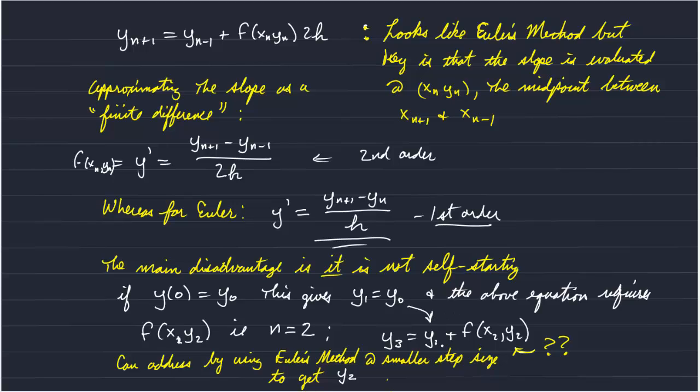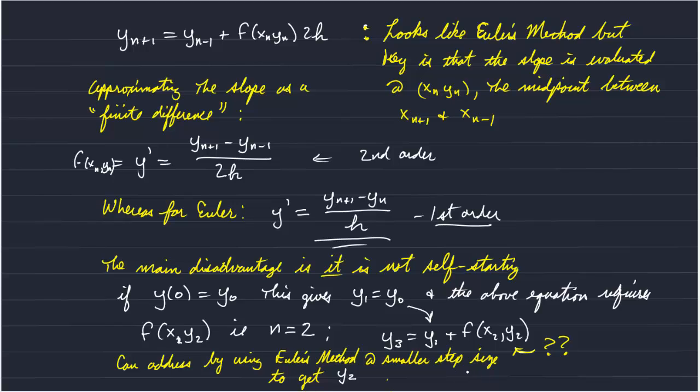That's given. And the midpoint rule allows us to calculate the solution two steps away from it. But we need to know what y2 is in order to get that first solution.